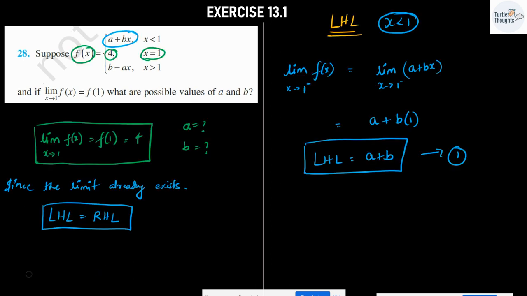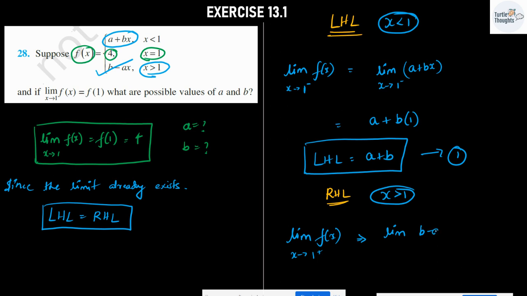Next, I will be considering your RHL, the right hand limit. For the right hand limit, we should consider all the values of x which are greater than 1. The formula for it is given by limit of f of x as x tends to 1 plus. Now, when x is greater than 1, I should be considering the function b minus ax, so limit of b minus ax as x tends to 1 plus.